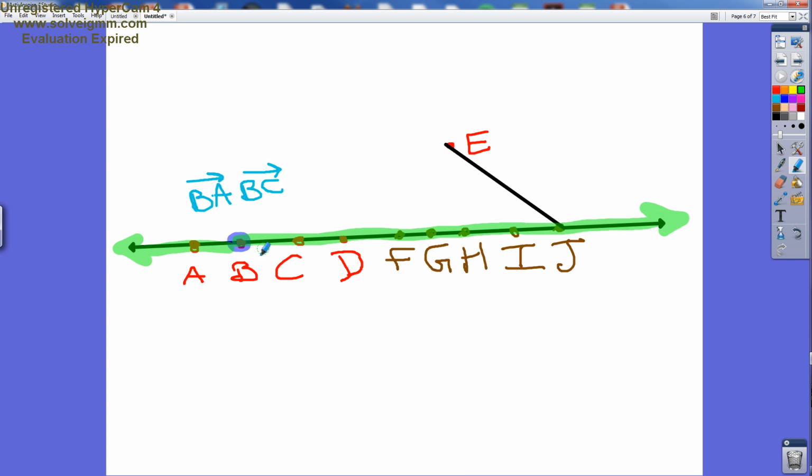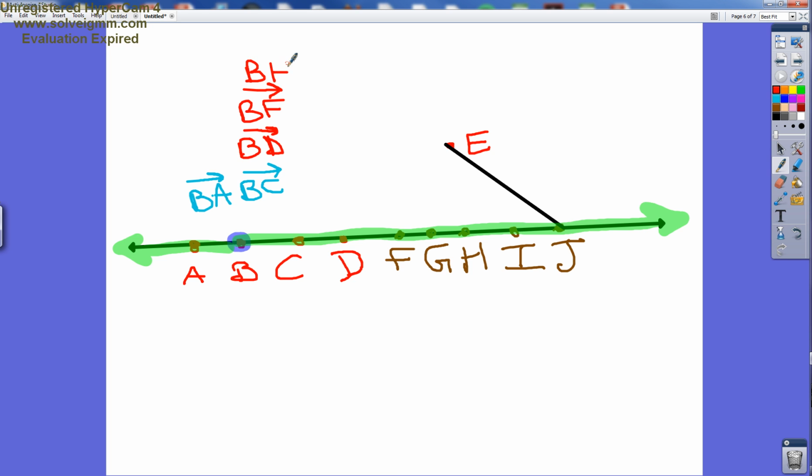BA, BC. And by the way, BC could also be, you could also name it BD. And these would be the same. Or BF. Or BH.